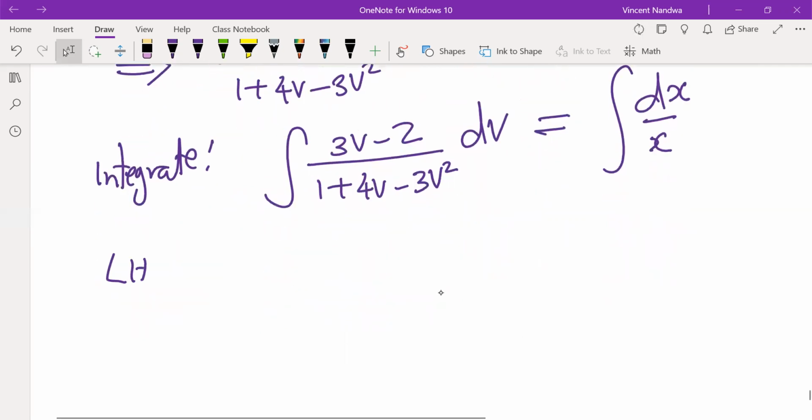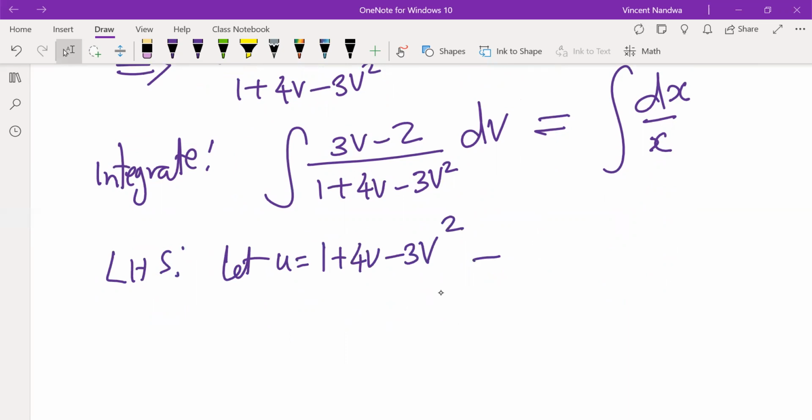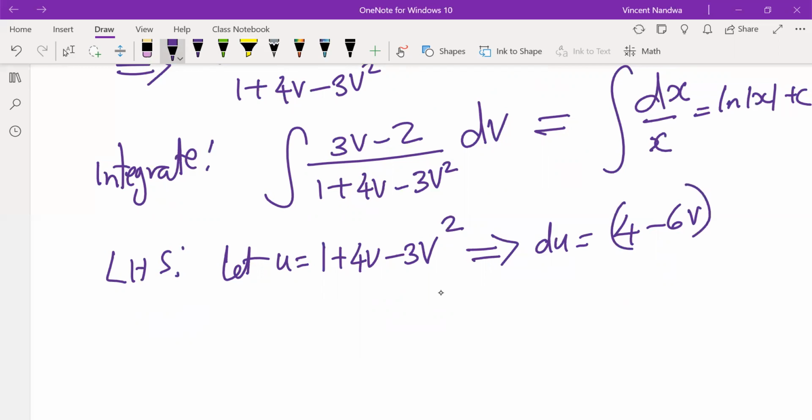So left-hand side, we use substitution. Let u be given by 1 + 4v - 3v², which means, remember, the right side will now be ln of x plus c. du is 4 - 6v dv, so dv equals du/(4 - 6v).